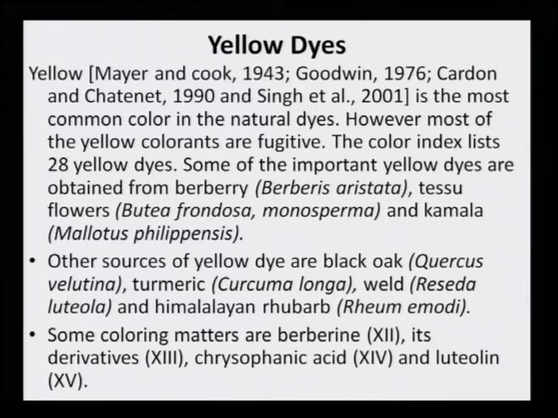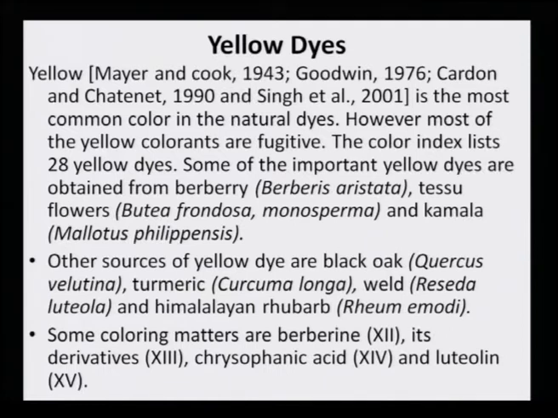Now, trying to understand what the yellow dyes are, let us look at which categories of yellow dyes come under natural dyes. Yellow dye has been the most common color among the natural dyes. However, most of the yellow colorants are fugitive.